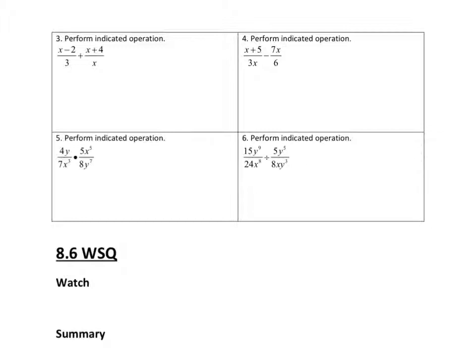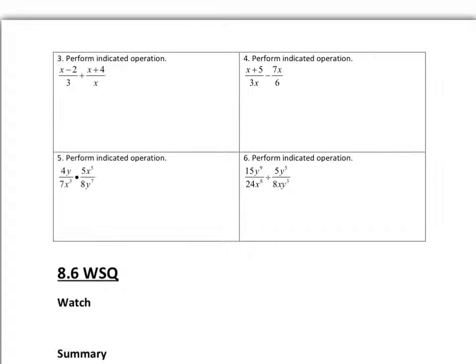For number 3, we see that we have a 3 on the bottom and an x on the bottom, which means they need a 3 and an x. So this side needs an x. And over here we have x plus 4. That needs a 3. So we have x times x and x times negative 2. We have x squared minus 2x. And then it's a positive 3 distributed.